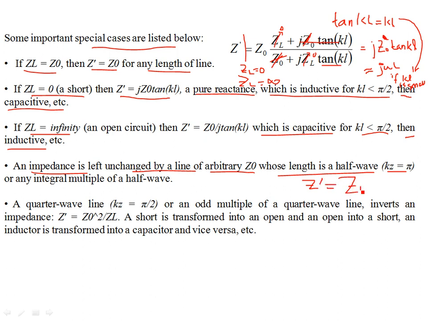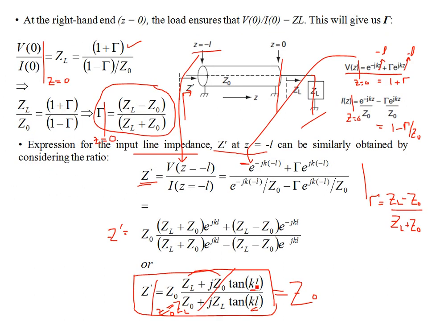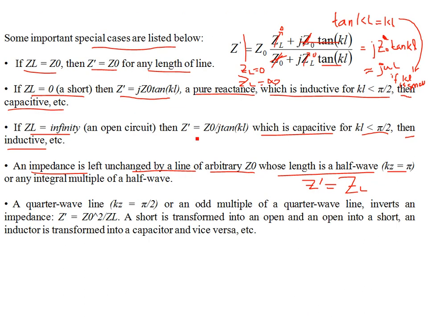You can see that in this expression, tangent of π is 0, so this term is gone, this cancels with this, and Z' is equal to ZL. So that means if Z', looking into the transmission line, is equal to ZL, then what is this transmission line doing? It is not transforming the impedance. It's just like you don't have this transmission line, you are directly connected to the load. So the impedance is unchanged.